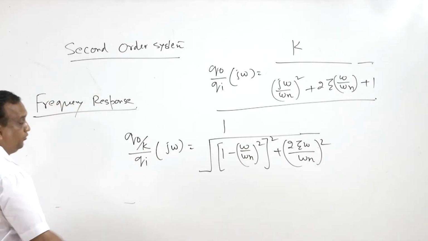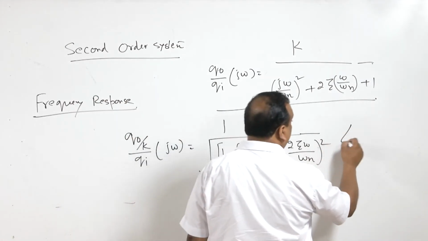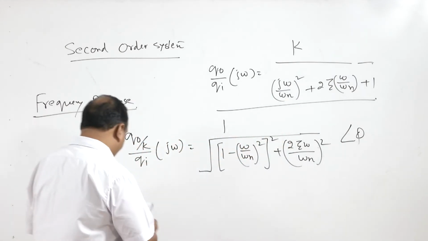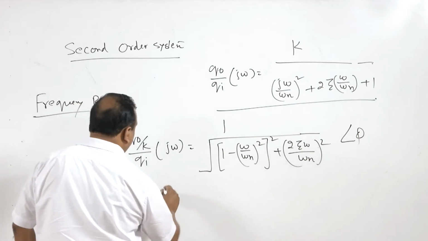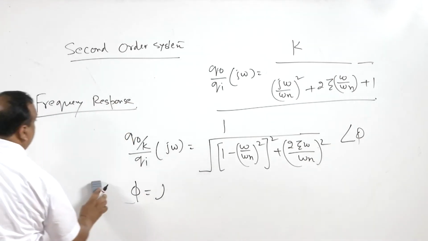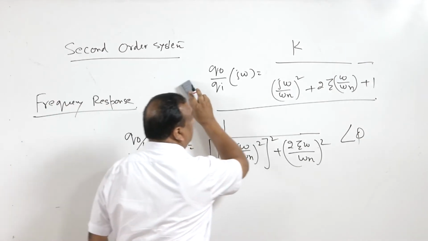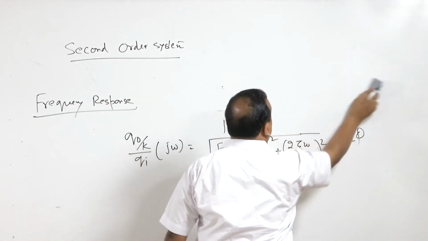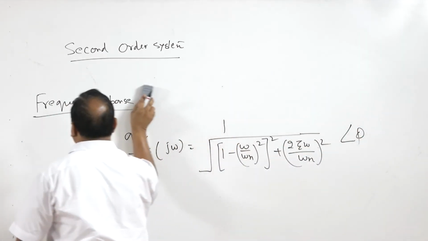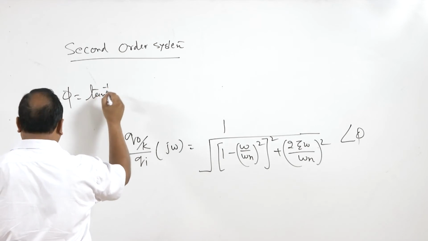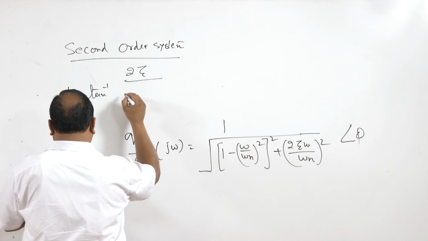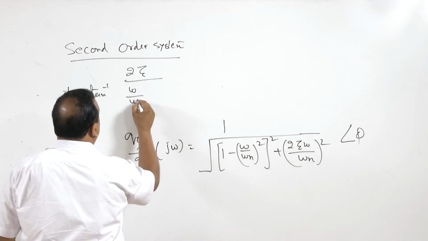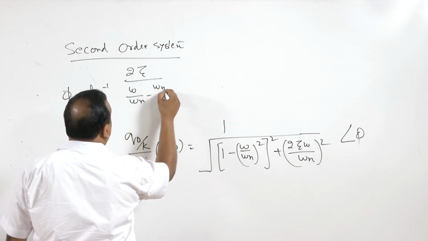And this output may be lagging by a certain angle phi, and phi is tan inverse of 2 zeta omega by omega n, divided by (omega by omega n minus omega n by omega).